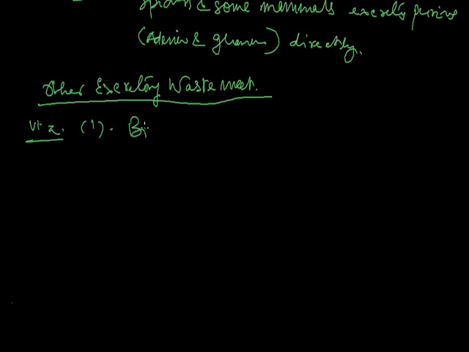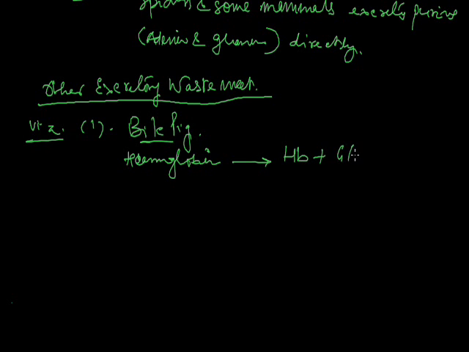Some other excretory waste materials are bile pigments. As we know, the lifespan of RBC is 120 days. After completing their lifespan, RBCs break down and their hemoglobin is converted into heme and globin portions.